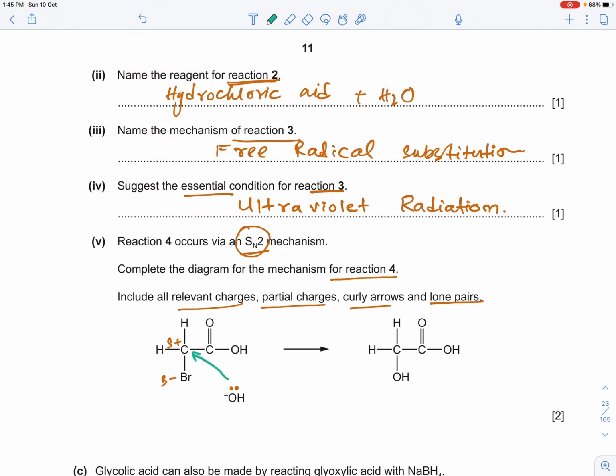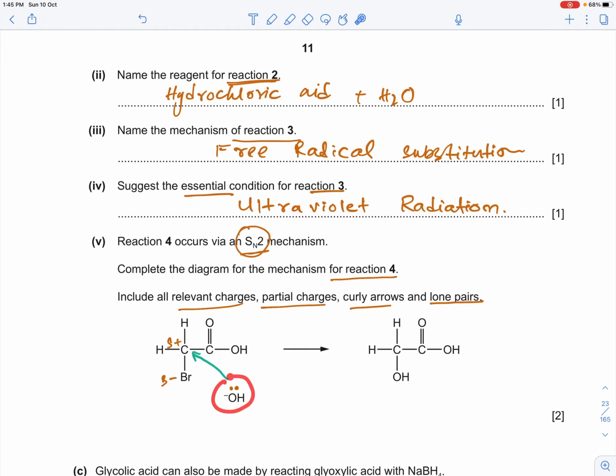So the electrons would move onto this carbon, and the electrons between carbon and bromine, because carbon is already making 4 bonds, 1, 2, 3, and 4. Now OH is transferring its electron density to this carbon because it is partial positively charged.